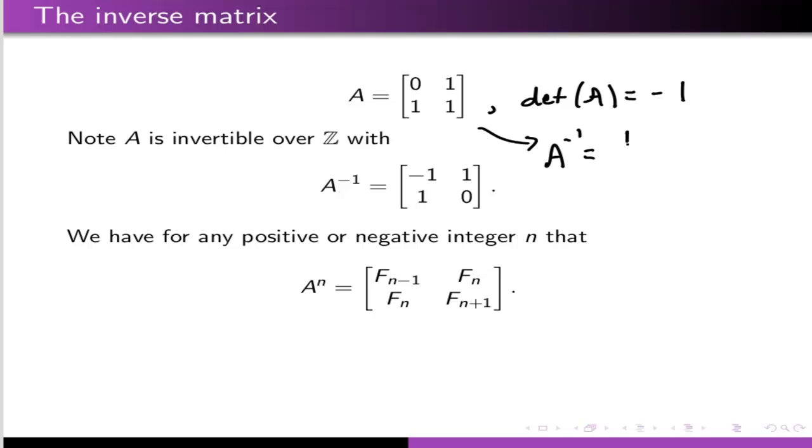You take 1 over the determinant, and then for 2 by 2 matrices, we just switch the two diagonal entries and put negatives on the off diagonal entries. Bringing the negative sign in, we get negative 1, 1, 1, and 0. And then you can show again by induction that for negative integers, that same matrix formula holds, just like we did for positive integers.